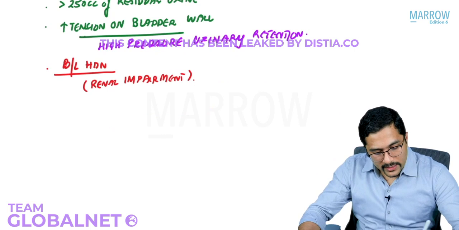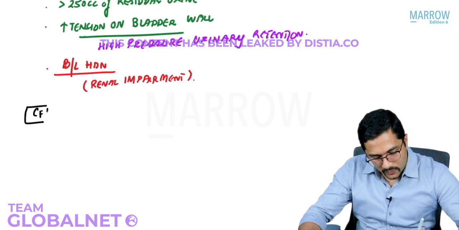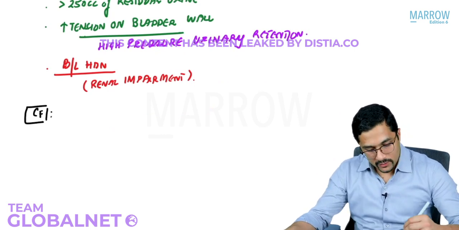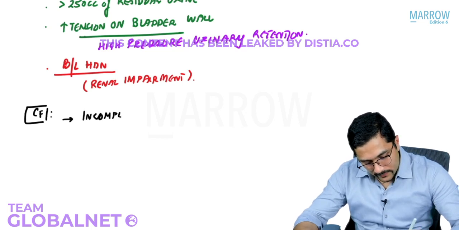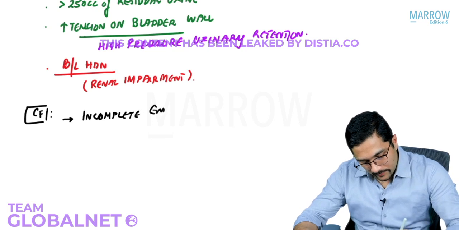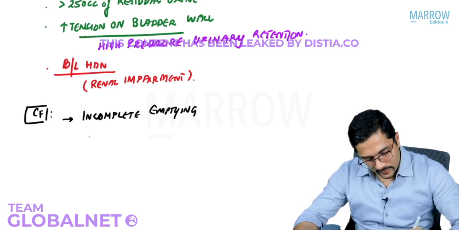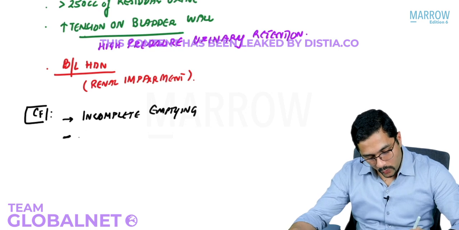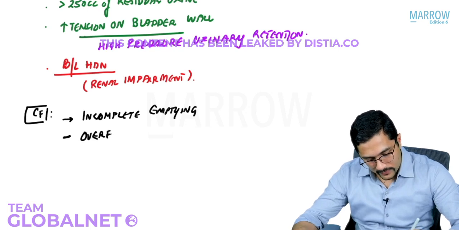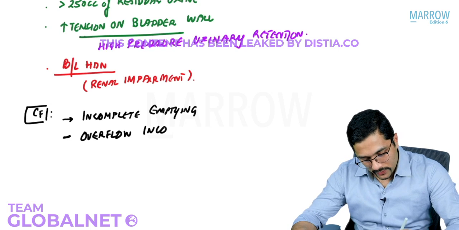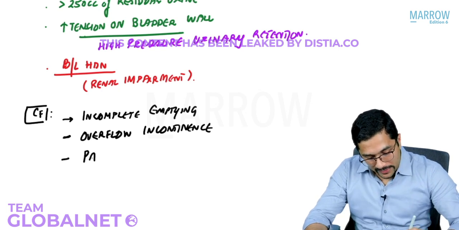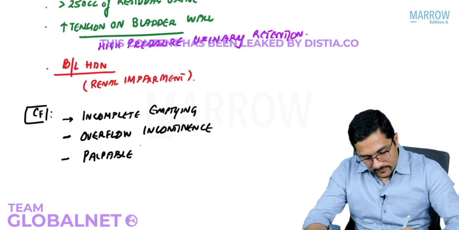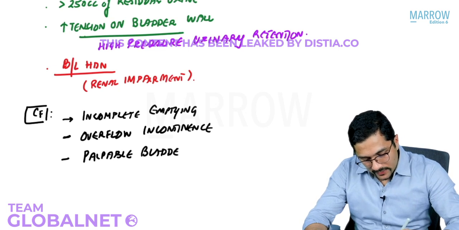So what are the clinical features with which the patient is going to come? There will be incomplete emptying of bladder. There can be overflow incontinence. Overflow incontinence means urine just dribbles out, but not the entire amount, just some amount dribbles out. There will be a palpable bladder, very important. There'll be a palpable bladder in these patients.